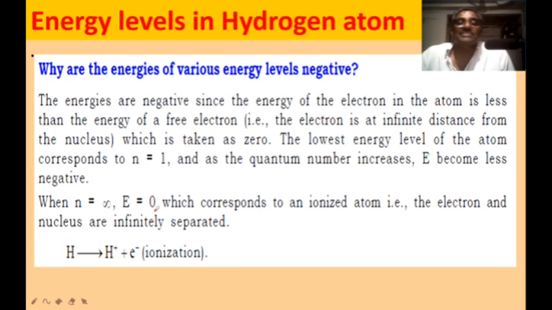Suppose the threshold value of energy is available to the electron revolving in the atom. Threshold value we already discussed in the photoelectric effect. The threshold energy is the minimum amount of energy required to knock out the electron from the atom. If the energy just enough to knock out the electron is available, the energy of the ejected electron will be 0.